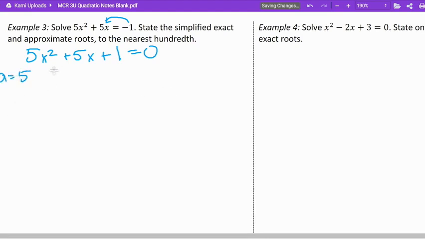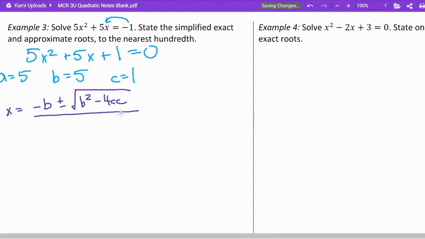So A equals 5, B equals 5, C equals 1. All right, so we're solving away. B squared is going to be... Some of you might want to skip this step where you write 5 squared. You're like, well, that's just 25.